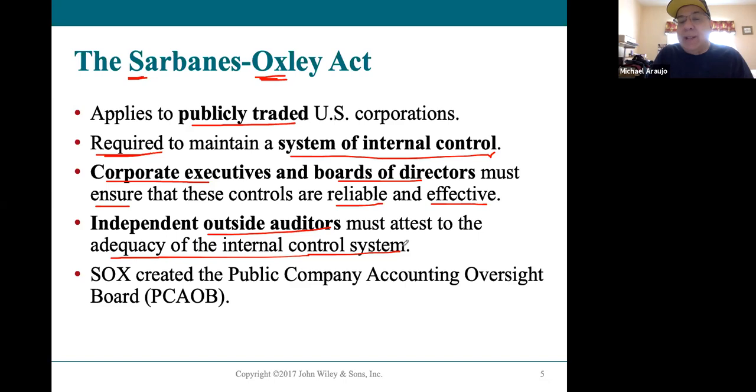Basically the independent auditor needs to say, yes, this company is doing what the law requires it to do. Put these things in place.